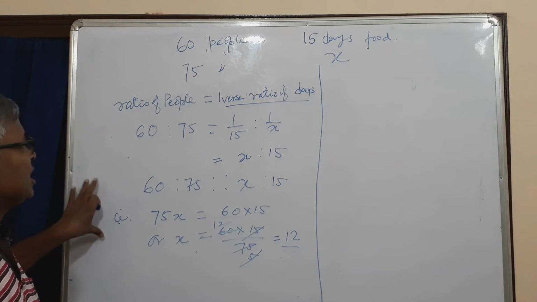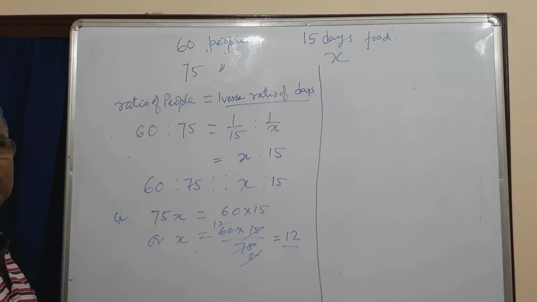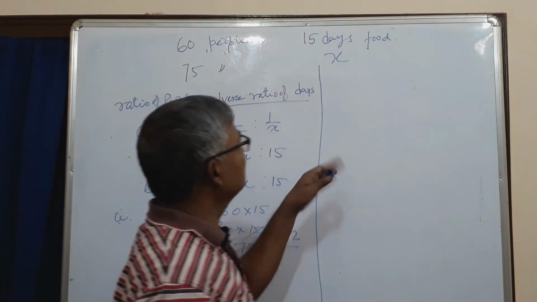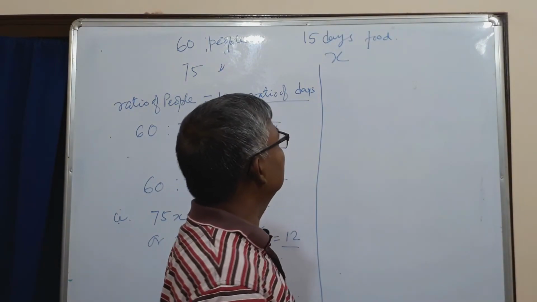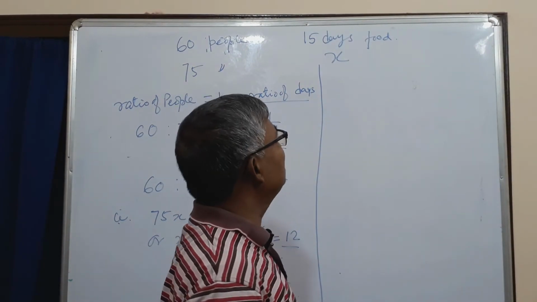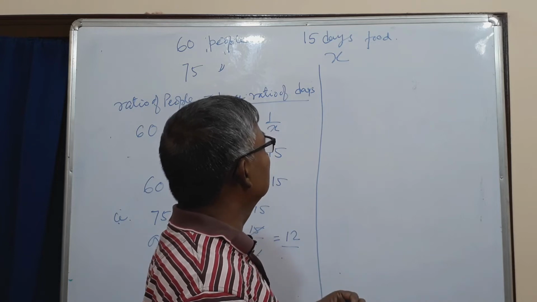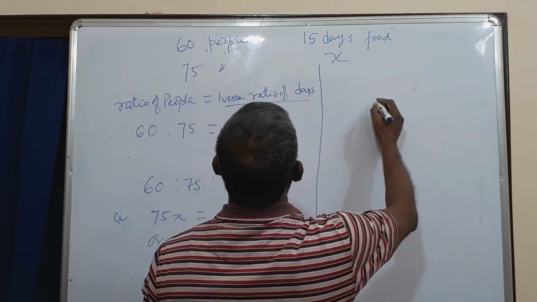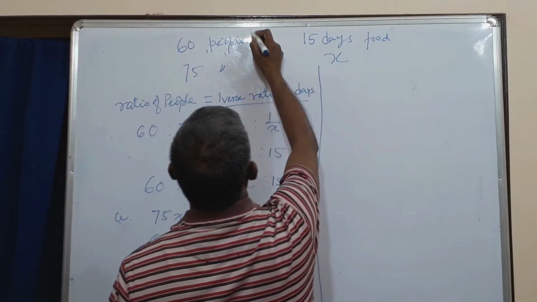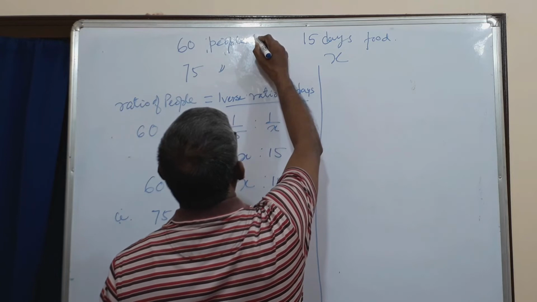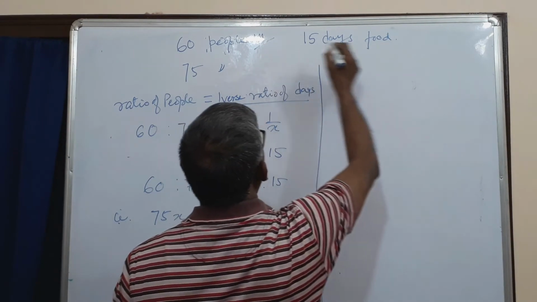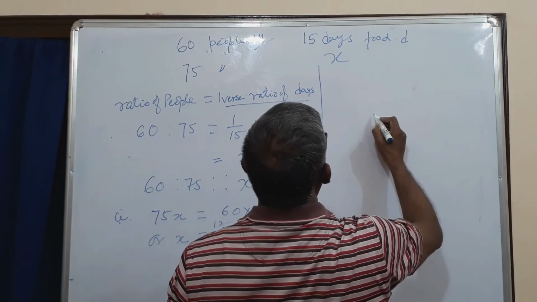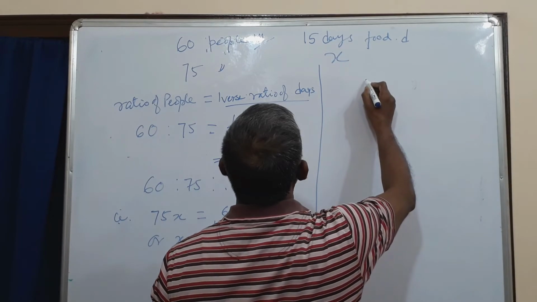This is very simple, and all are advised to follow this method properly. Now let us see how it is applied in the inverse ratio, inverse proportion or inverse variation formula. Let the number of men be m and the number of days be d. What is the relation between m and d?